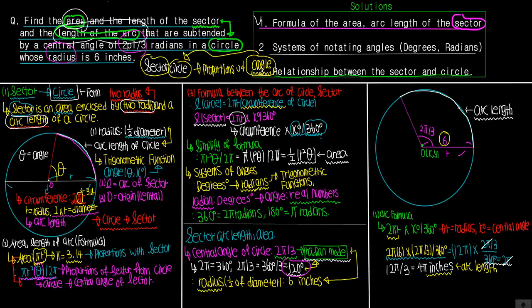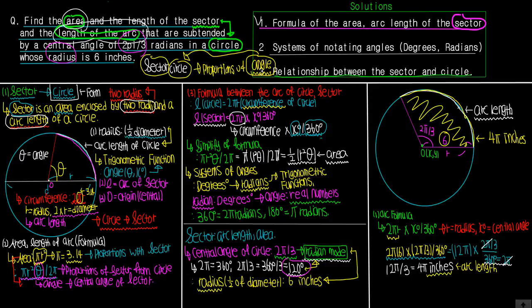This means the arc length that encloses our sector from our circle is 4 pi inches. And we have one more thing to solve, which is the whole area of our sector.